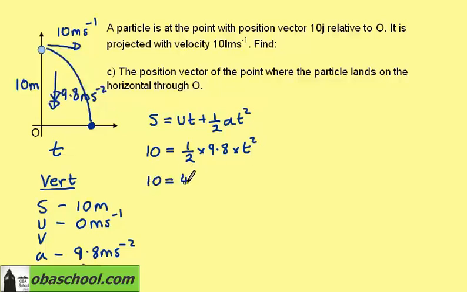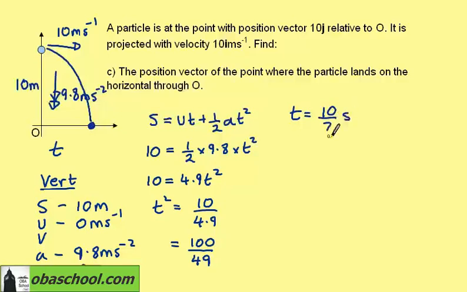So 10 is equal to 4.9 t squared, giving us t squared is 10 divided by 4.9. This is 100 over 49, and so t, being the square root, is 10 over 7 seconds, giving an exact answer. Of course, there's no reason why you couldn't give a calculator answer.